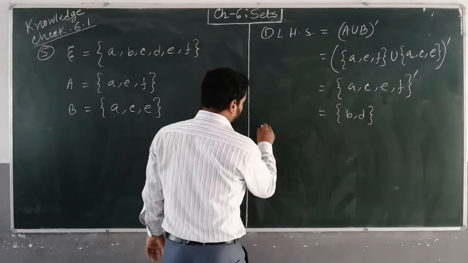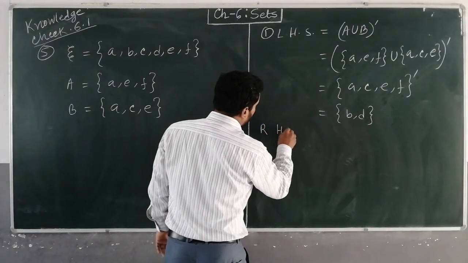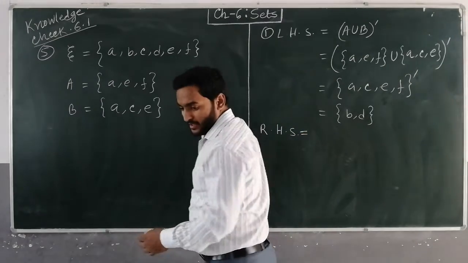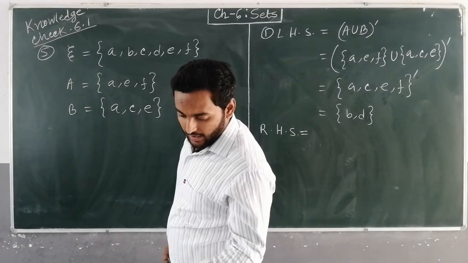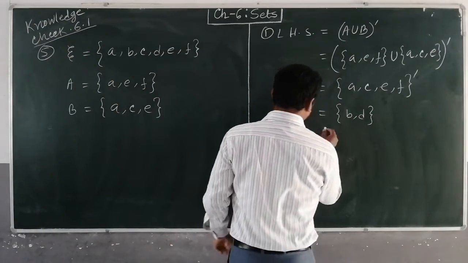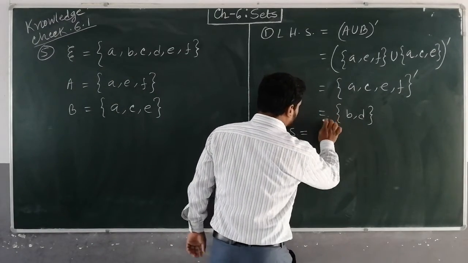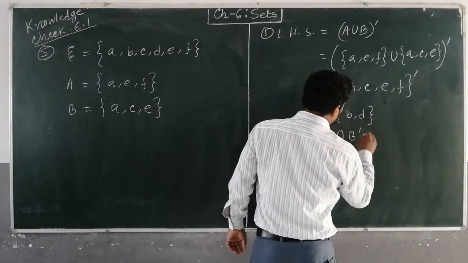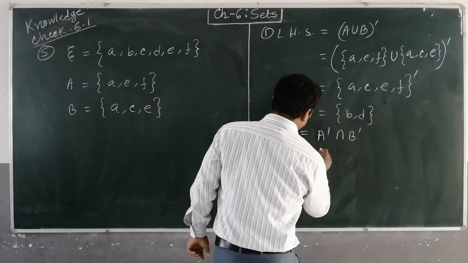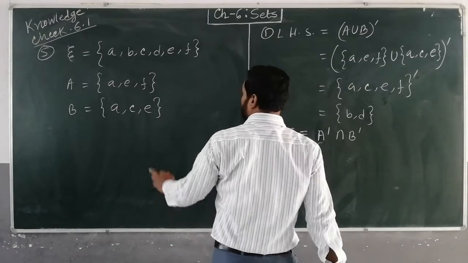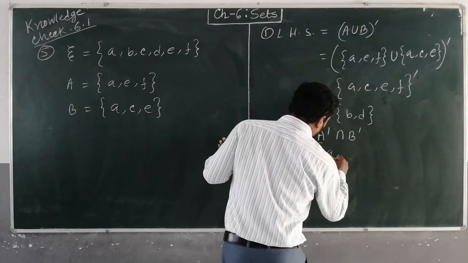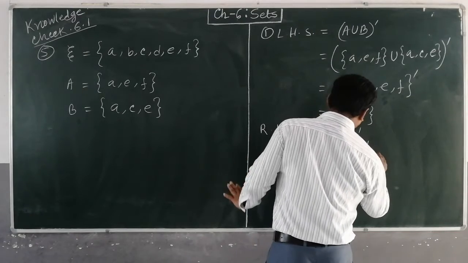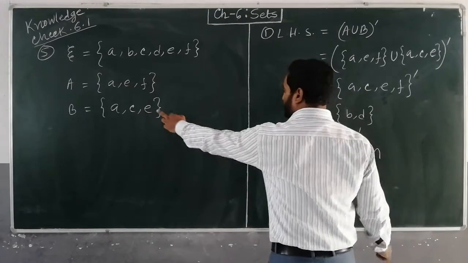Now take the right hand side. Right hand side equals A complement intersection B complement. A is the set {a, e, f} complement, intersection B complement.